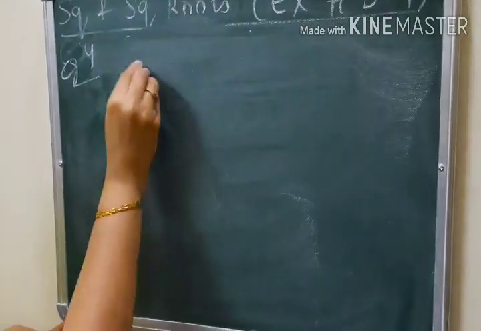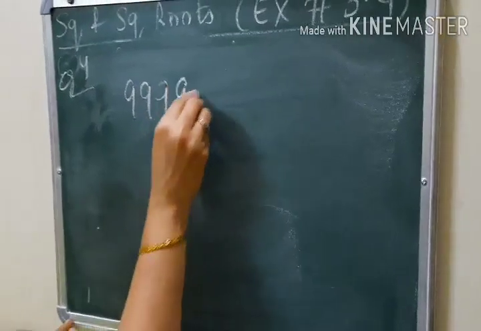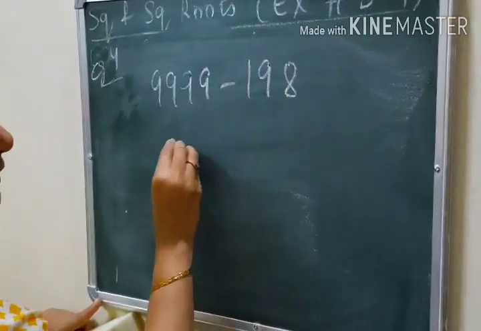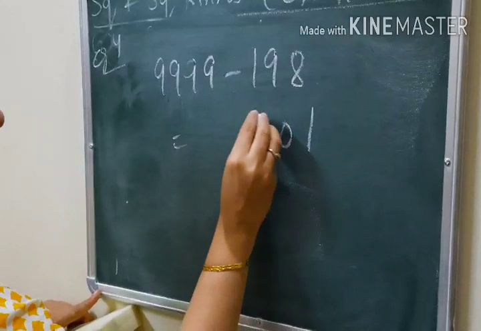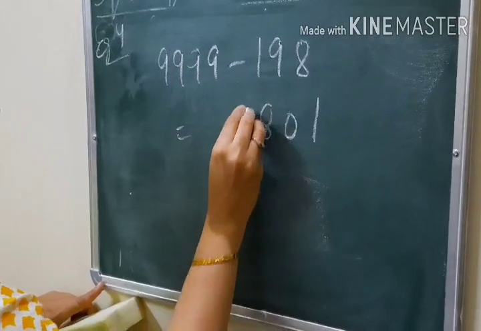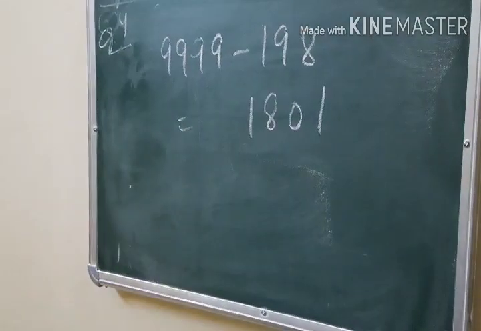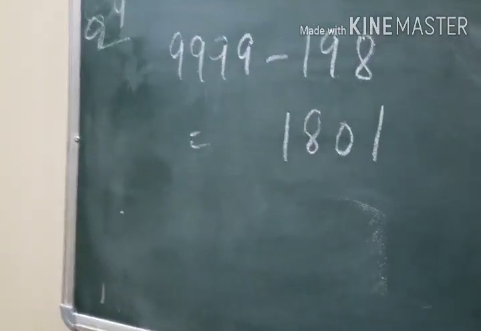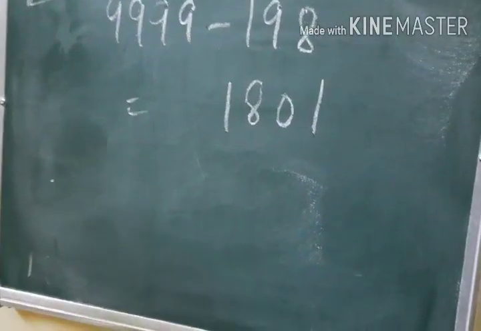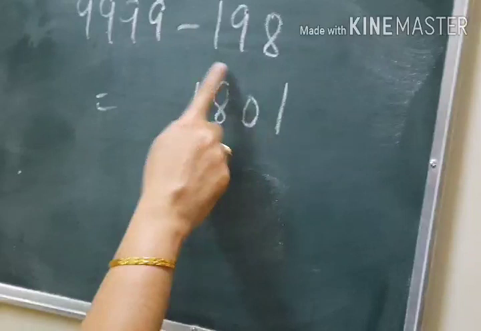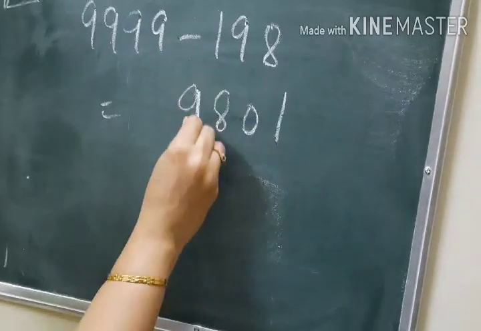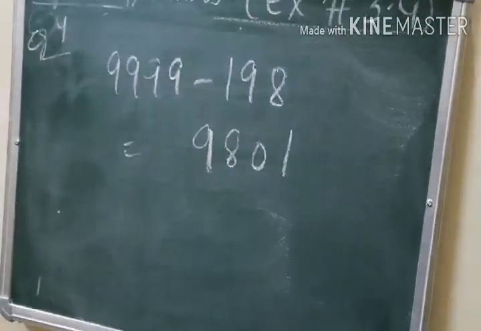So 9999 minus 198. It will be 9801. It is the greatest 4-digit number.